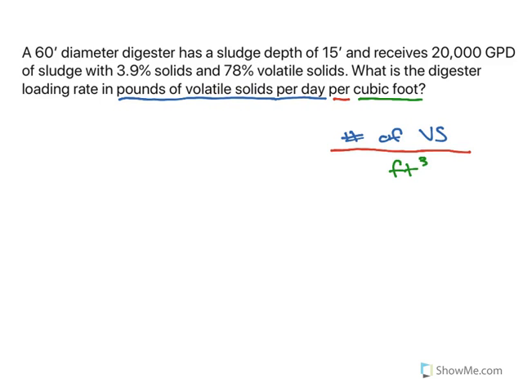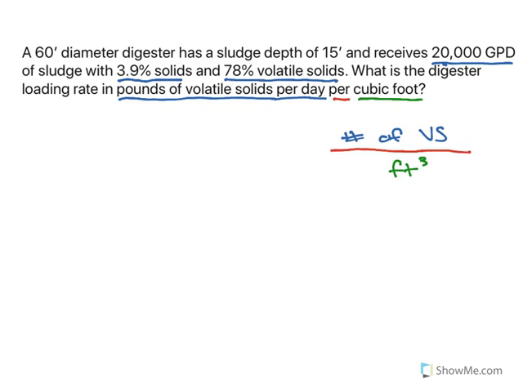So what information do we need to calculate pounds of volatile solids per day? We just calculated this in problem number 1. We have gallons per day of sludge. We're given the percent total solids and the percent volatile solids.